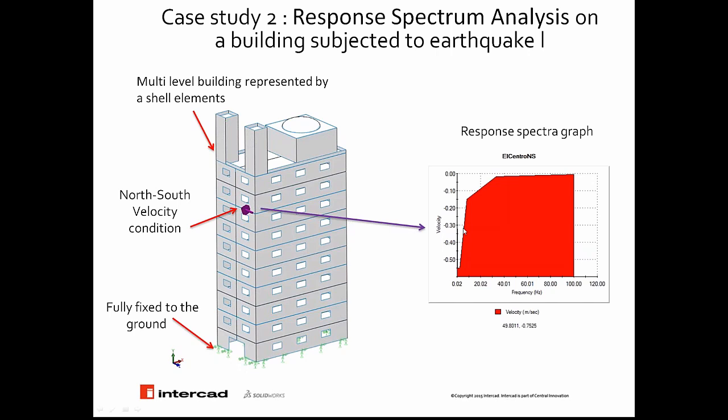Again, there is an accelerometer or a velocity meter located in the building that recorded the earthquake seismic behavior, and it's converted to velocity versus frequency. This shell building is fixed, meaning it is located on the ground, and we would like to see how it is displacing, what the maximum response is, what the stress distribution is, and also look at the probe, average value, and other things.